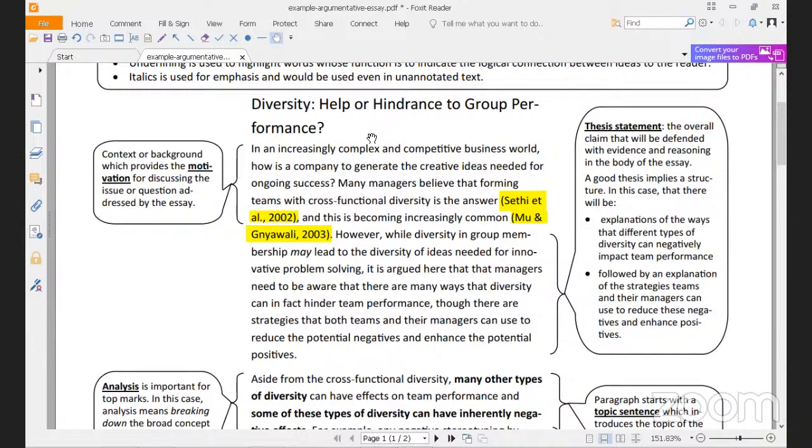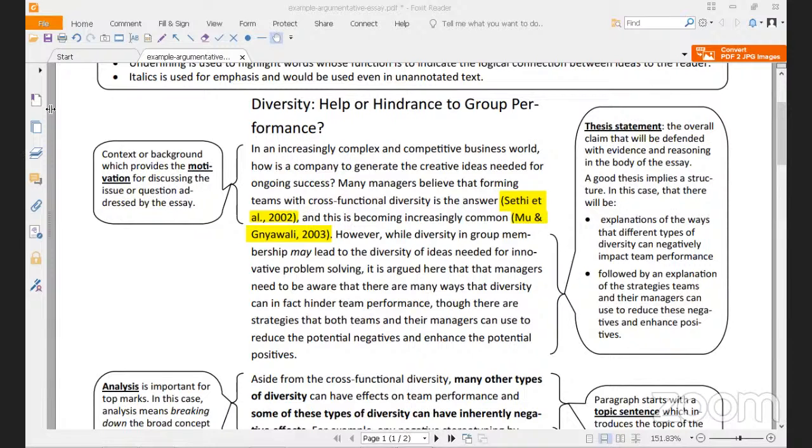Anyways, before we explain a little bit about the information we have on the sides, let's start reading the paragraph, okay? The beginning of the essay. Can you help me? Diversity: help or hindrance to group performance. In an increasingly complex and competitive business world, how is a company to generate the creative ideas needed for ongoing success? Many managers believe that forming teams with cross-functional diversity is the answer, and this is becoming increasingly common.